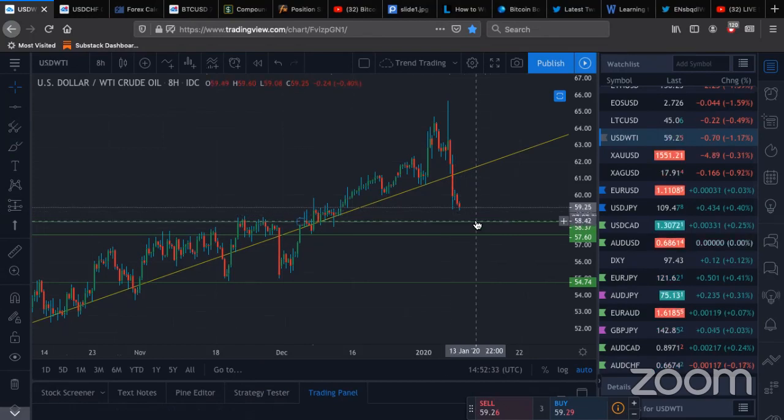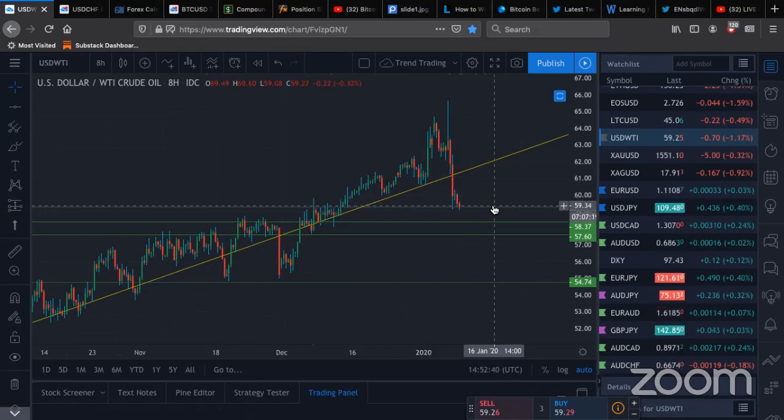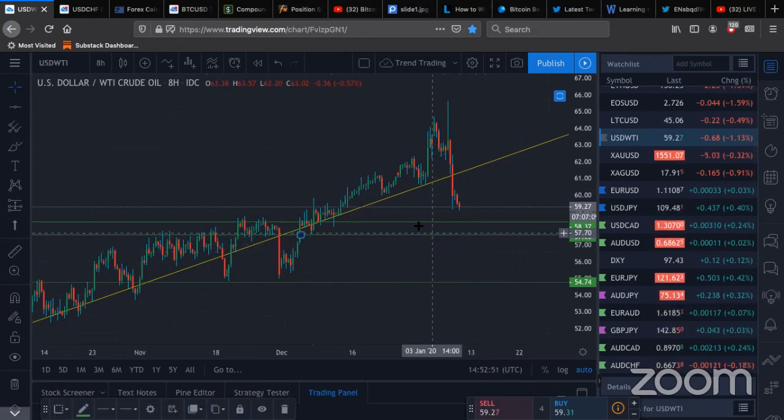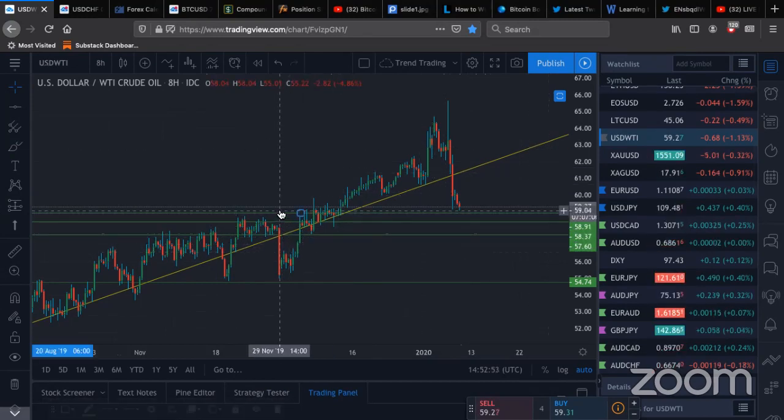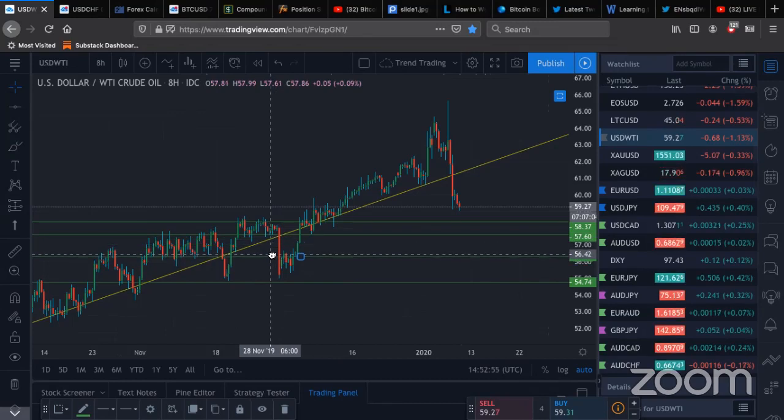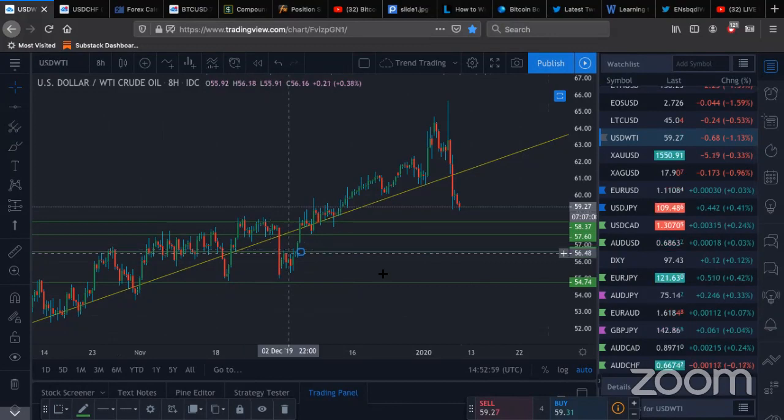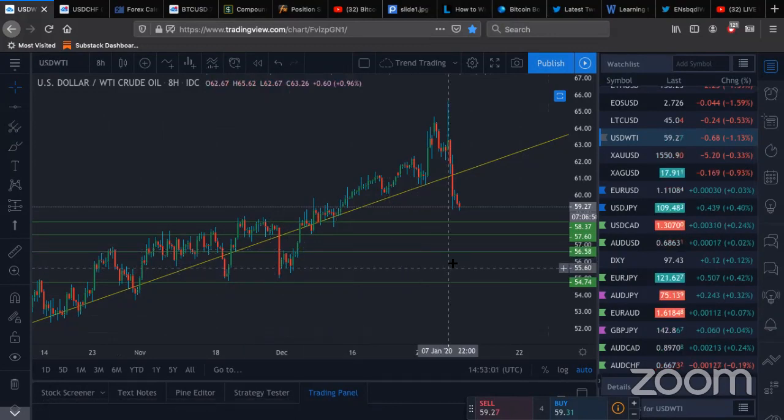Anyway, what's your plan? What are you looking to do since you're the one short it and you took a good trade? 56.60. Further support down there. These are good lines to draw in. Good job.